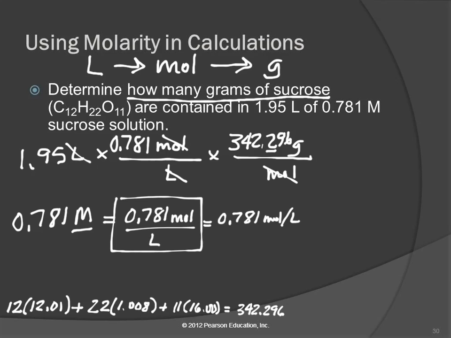I'm batting 1,000 here. 1.95 times 0.781 times 342.296. Oh, actually my second time was correct. 521, and that should have 3 sig figs. We've got 3 significant figures on this number and 3 on that number and 4 over here. So 521 grams of sucrose.